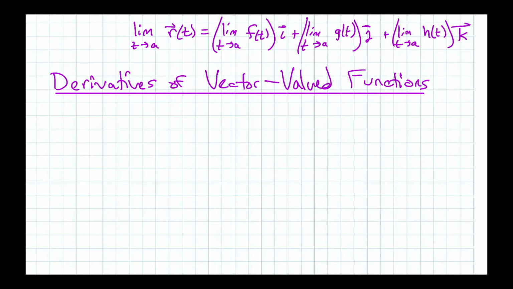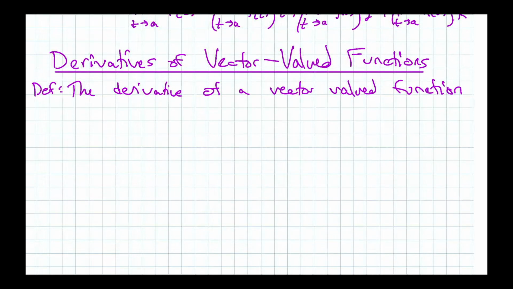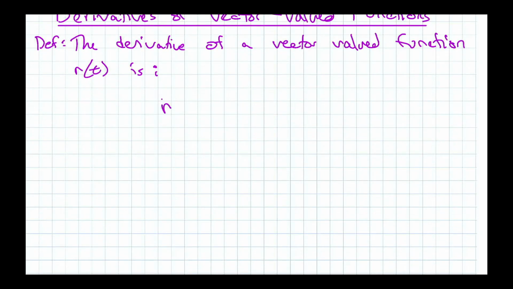So the derivative of a vector valued function. This is a definition. The derivative of a vector valued function, r of t, is this. We're going to use the same notation as derivatives in calculus 1, just a prime.